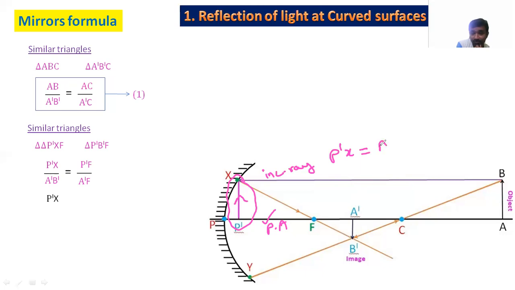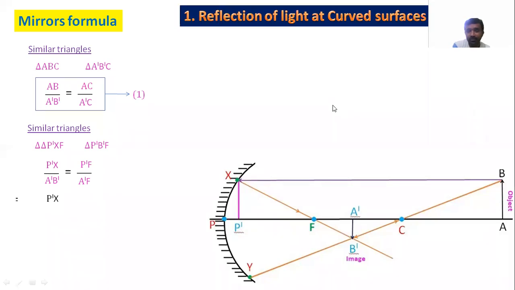AB. Sir, AB. Why? AB is correct. Why? Sir, they are parallel to each other. Very good. So the parallel distance at any point you measure is equal. So what I know, P dash X is equal to AB.